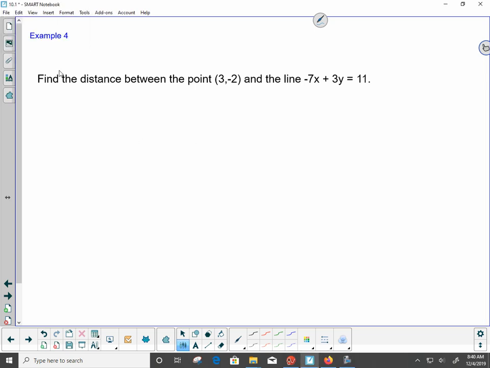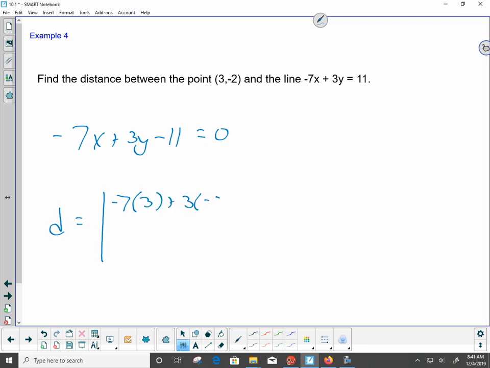All right, so this one, you had to rewrite it as -7x plus 3y minus 11 equals 0. So now when I find the distance, I'm going to take -7 times 3, plus 3 times -2, plus -11, all over the square root of -7 squared plus 3 squared.